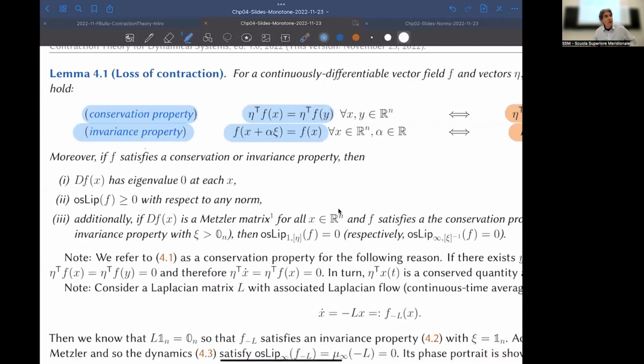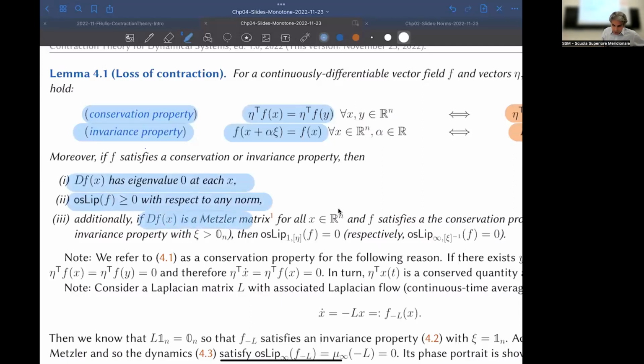What have we discovered so far? That if you either have a conservation or an invariance property, then the Jacobian has an eigenvalue at 0 with respect to any norm. The one-sided Lipschitz constant is positive or 0. In the best case, it's 0.